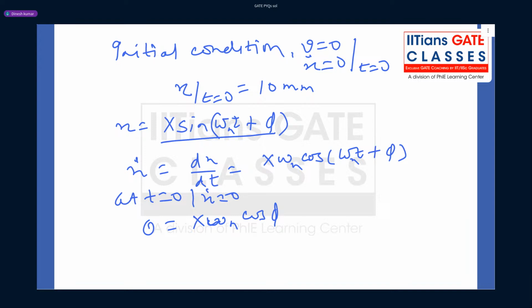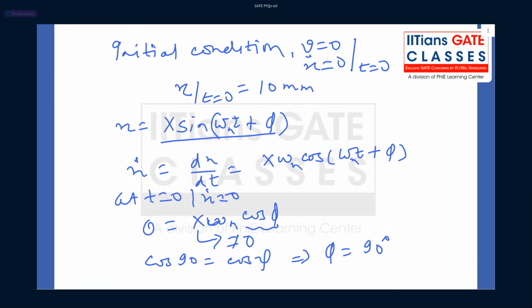Now guys, this capital X can't be 0, so what has to be 0? Cos phi needs to be 0, right? When is cos 0? Cos is 0 at 90 degrees. So cos 90 equals cos phi, and from here phi is coming as 90 degrees.